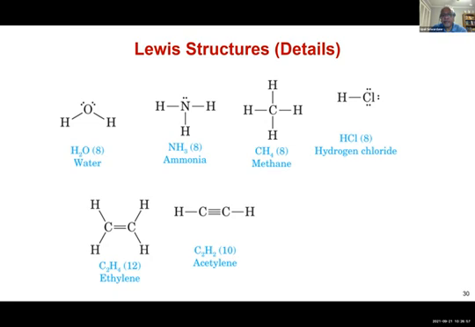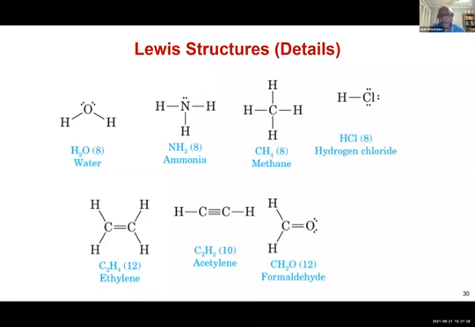We used up 3 electron pairs, but we have 2 more electron pairs. So 2 electron pairs are put between carbon-carbon to form a triple bond. Carbon becomes octet, so it satisfies the octet rule.